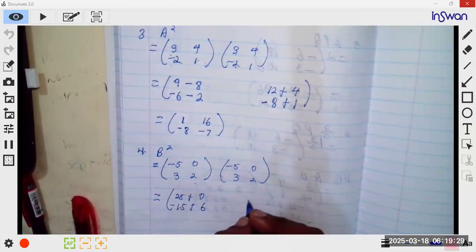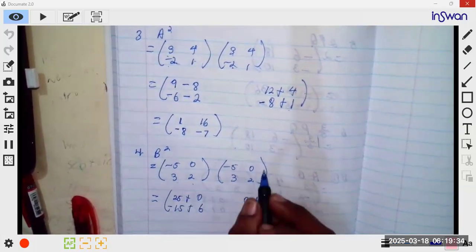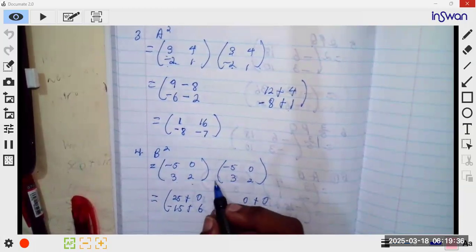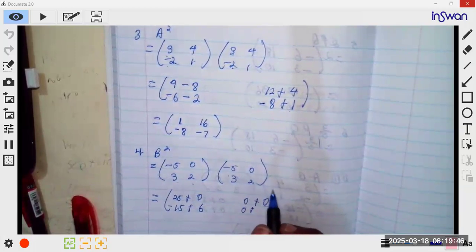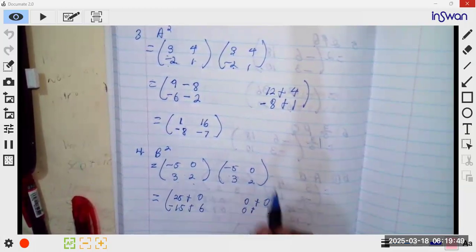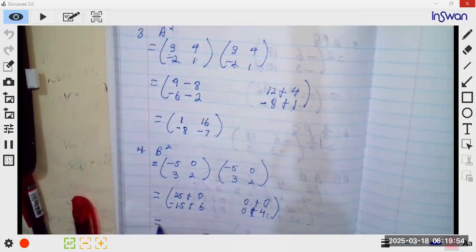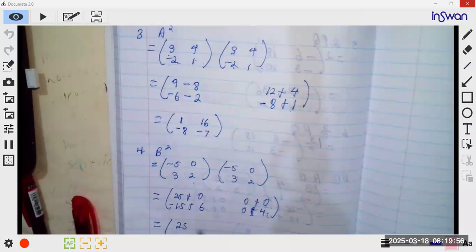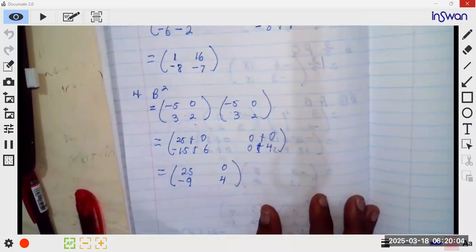Minus 5 times 0 is 0 plus 0 times 2 is 0. 3 times 0 is 0 plus 2 twos are 4. Okay, people, I need to know whether you all understand this or not. 25, 0, minus 9, and 4. You all understand that? Yes or no?